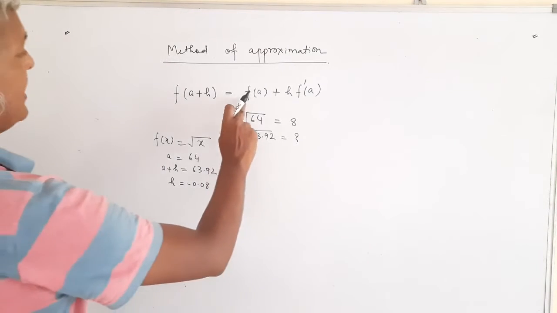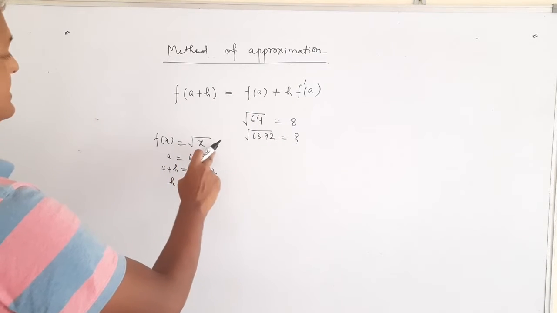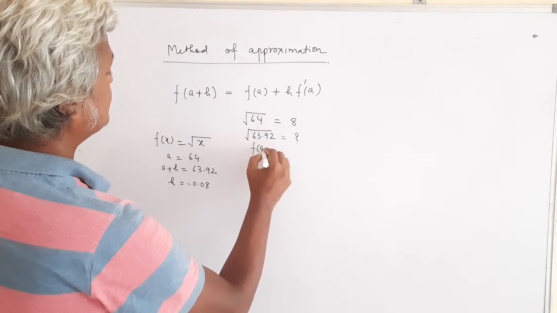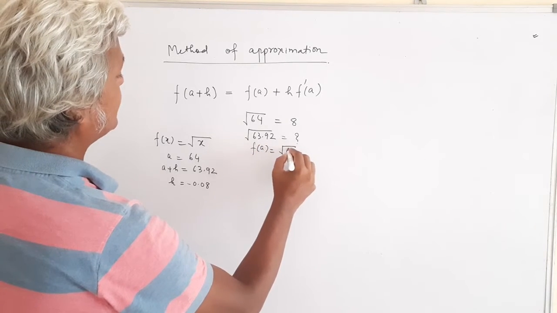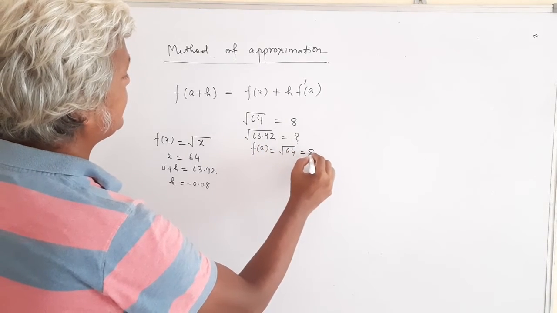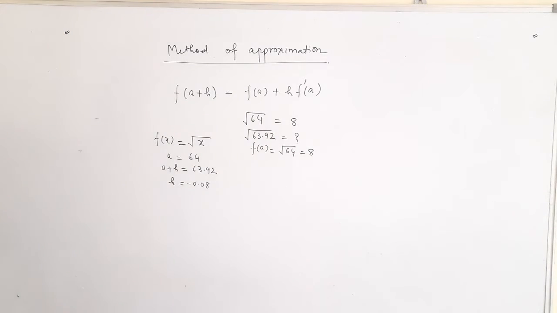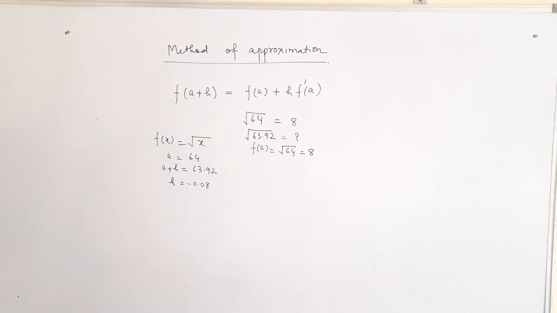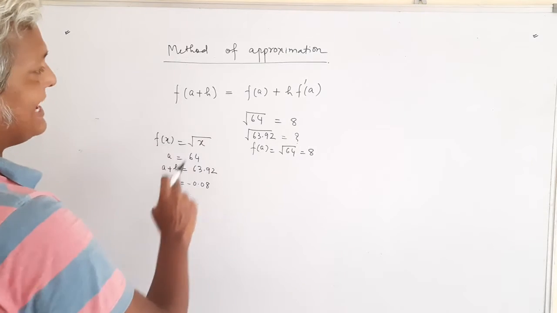Now we need to find f(a). Since f(x) is this, what is f(a)? f(a) is the square root of 64, that is 8. So this value you have found. Now h we have already found. We need to find f'(a). So first you find f'(x).